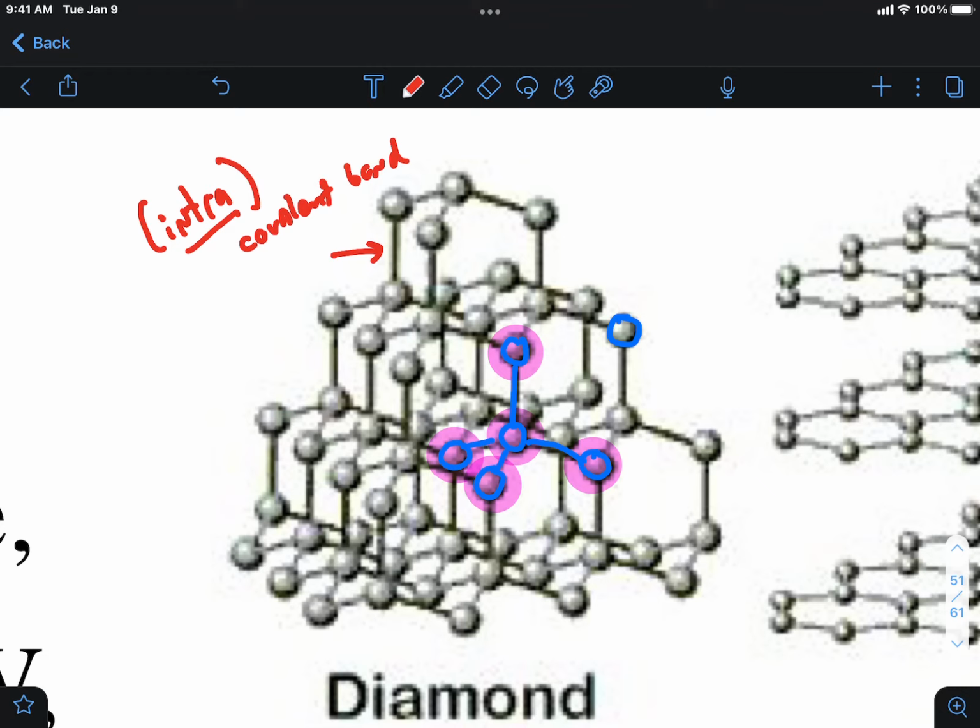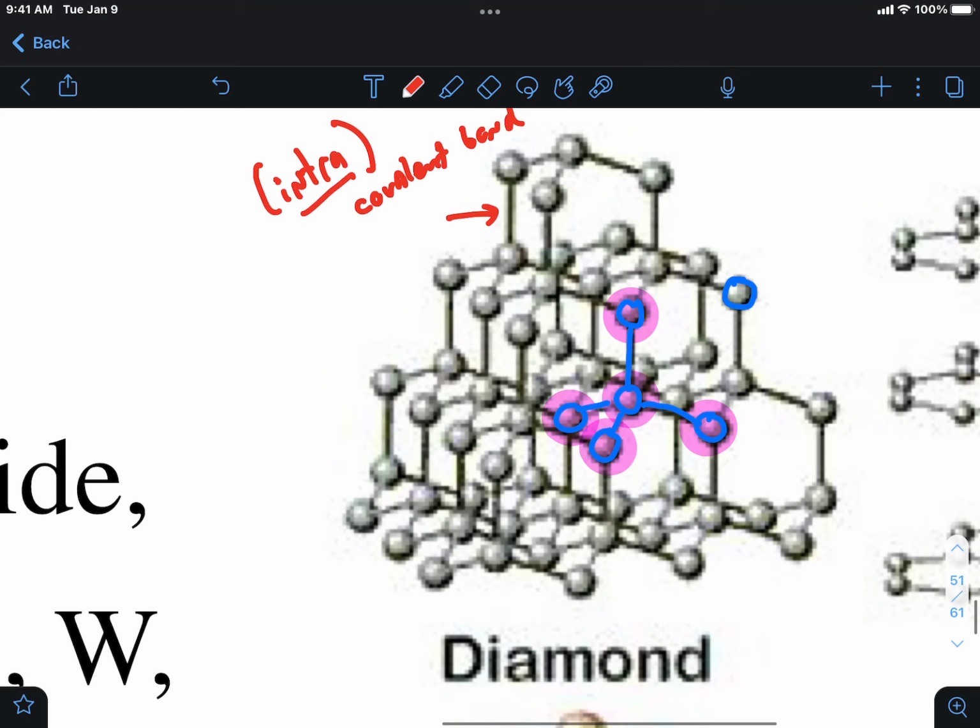Do you remember when we compared intra versus inter? Which one is stronger? Intra. A diamond has only intramolecular bonding. There's actually no intermolecular bonding. It's all intra, which means every single one of these atoms is directly covalently bonded with all of its neighbors.